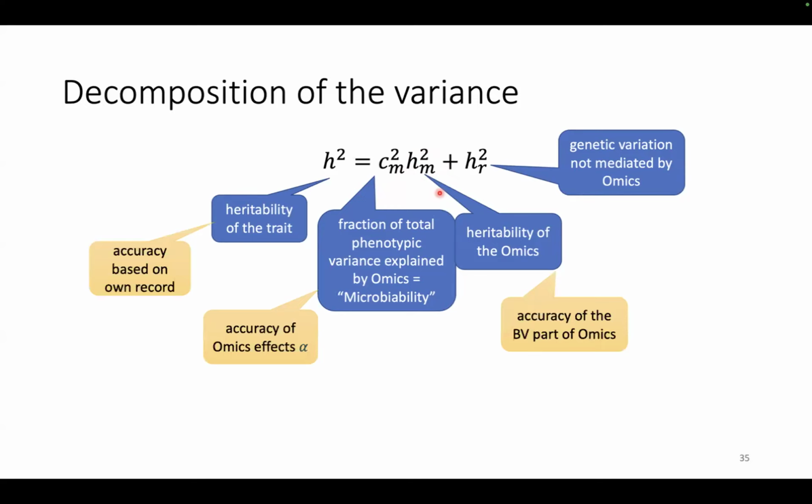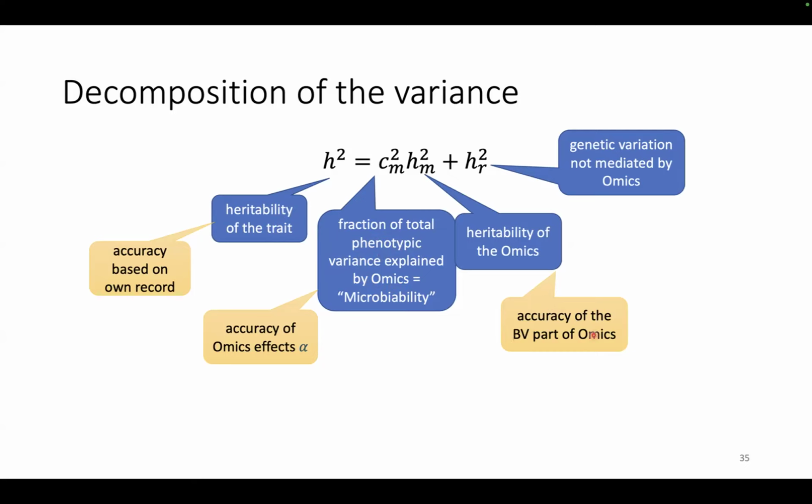Now, in turn, this translates into accuracies. The heritability of the trait is a measurement of accuracy, or it's just the accuracy based on phenotype when you want to select animals. The fraction of total phenotypic variance explained by omics is essentially the accuracy of omics effects, how well you can appreciate your omics effects.